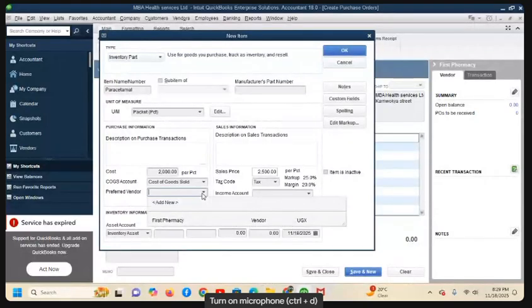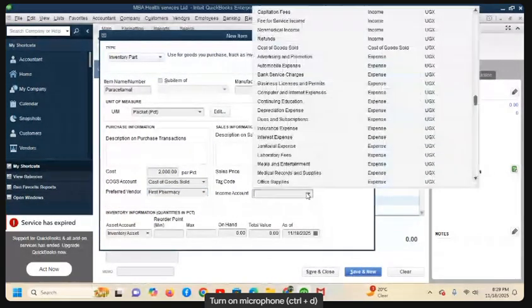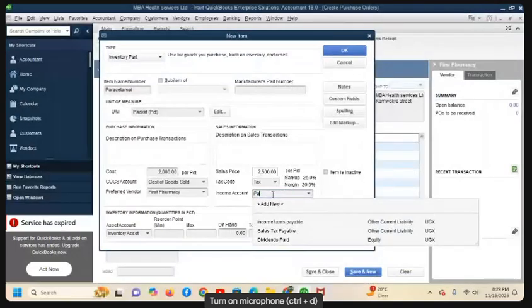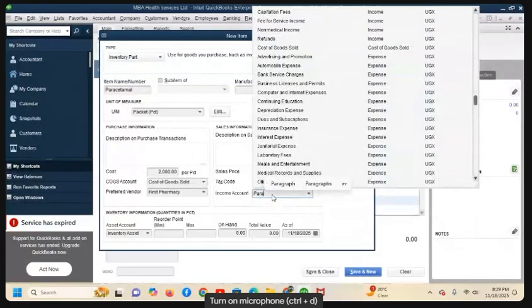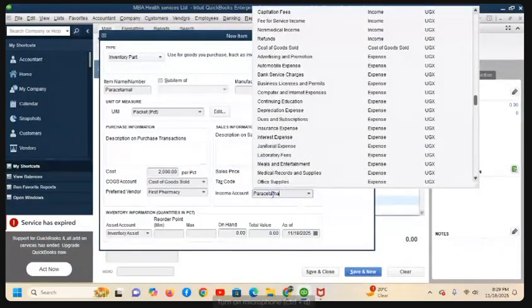Who is the vendor? The vendor is still First Pharmacy, the supplier. The income account, remember you must have an income account where, whenever you sell that item, it should be allocated. So we are going to have Panadol paracetamol sales.